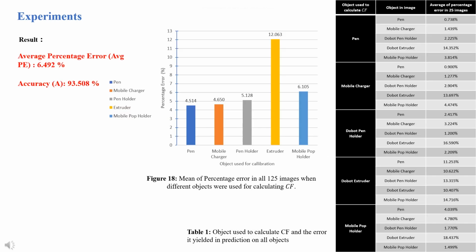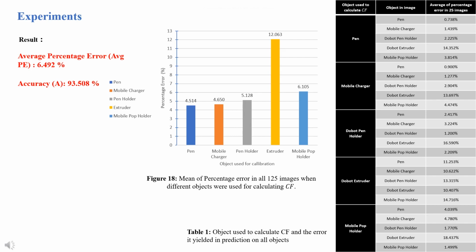The result of the experiment is given in Table 1. The average percentage error in all 125 images was 6.492%. Among all the objects, when pen was used for calculating the conversion factor during calibration, the average percentage error in the prediction was minimum at 4.514%.